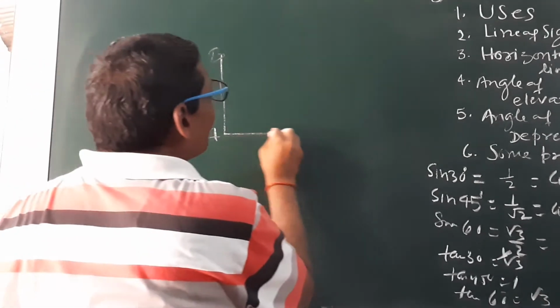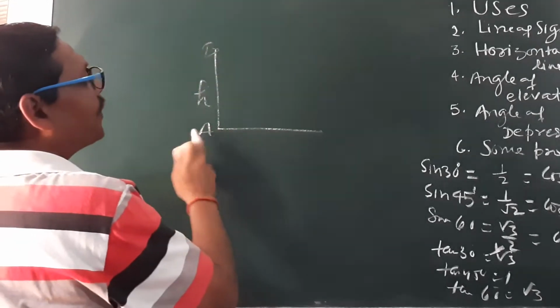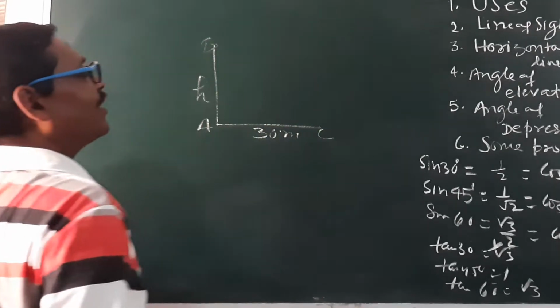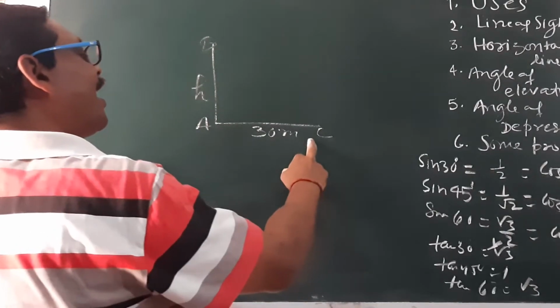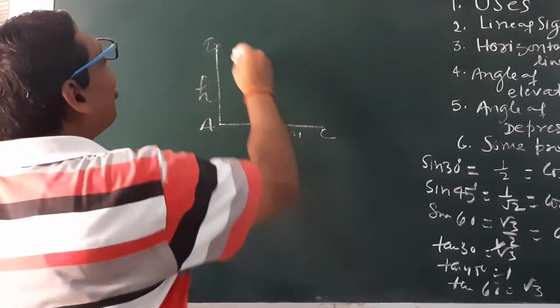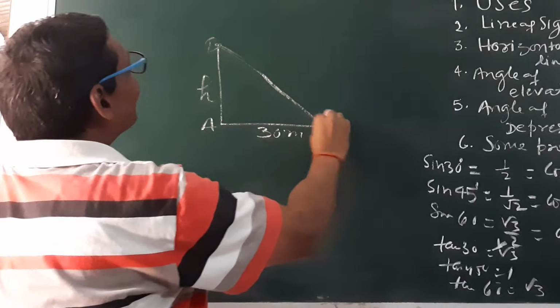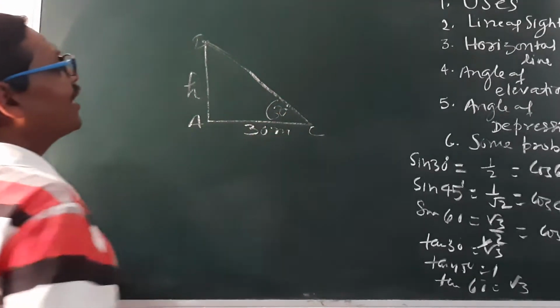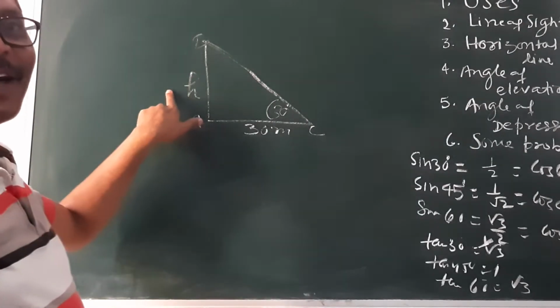An observer is 30 meters away from the foot of the tower, at point C. At the eye of the observer, the angle of elevation to the top of the tower is 30 degrees. Now we have to find the height of the tower.